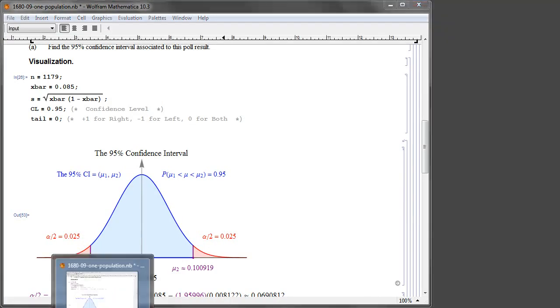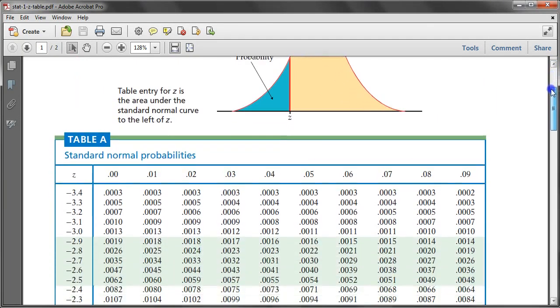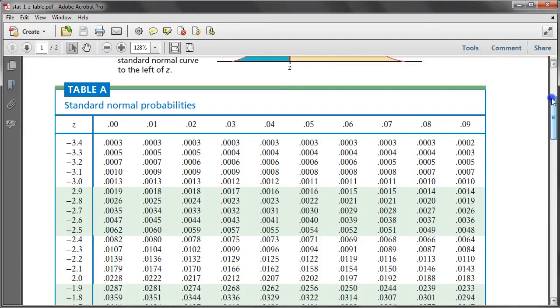Here's the normal table, and here we go. 0.025 appears for a z-score of negative 1.96. By symmetry, positive 1.96 is automatically the other z-score. One for the left and one for the right.